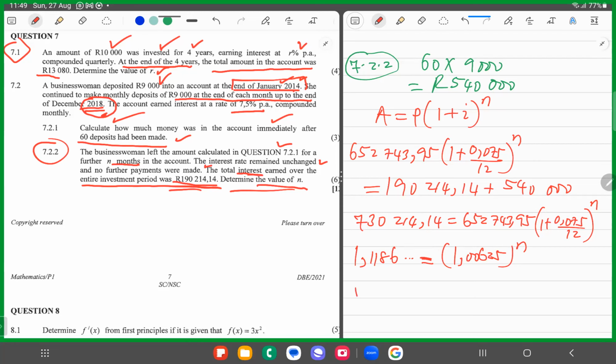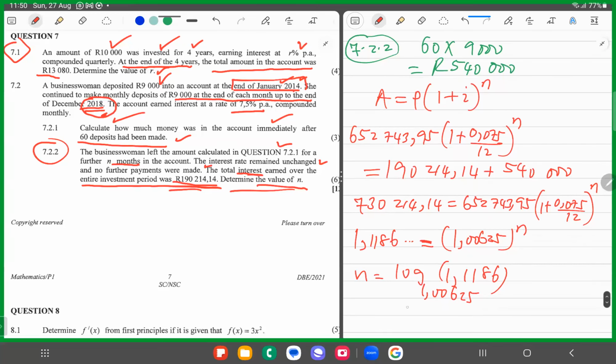So if you solve for n, it will become the log of 1.00625 base 1.1186. And therefore, what is this? Using a calculator, you realize that this is 18 months. Determine the value of n. The value of n would exactly be 18 months.